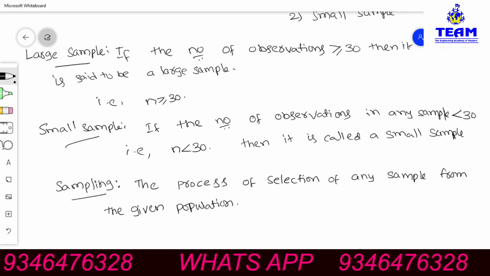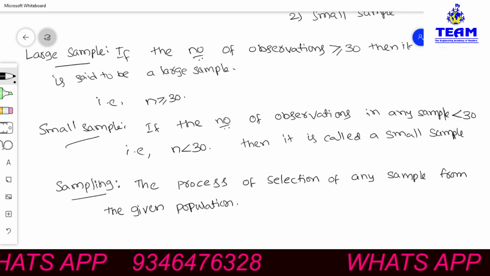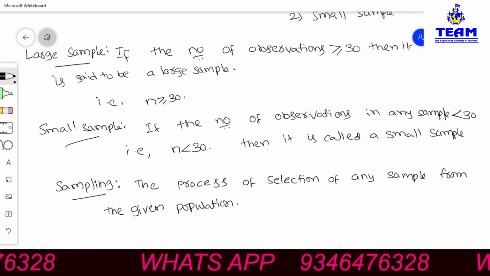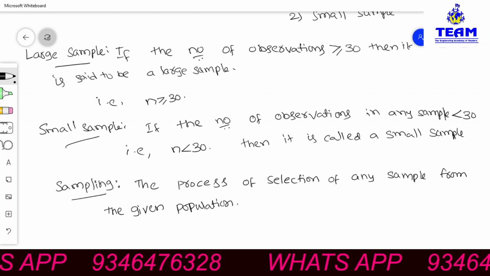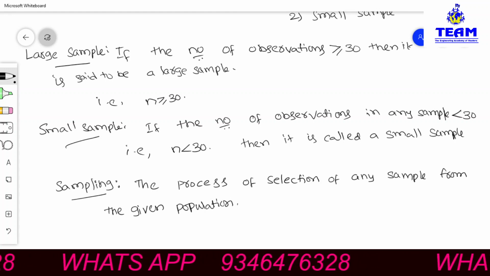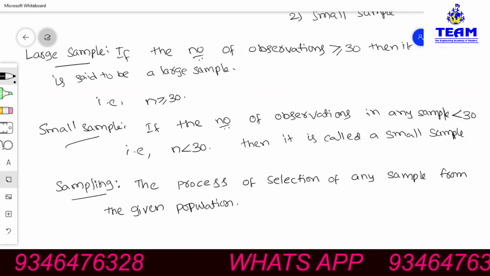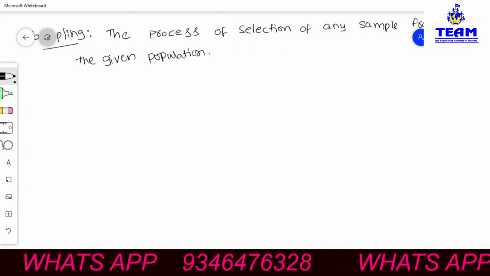Friends, up to now we learned the fundamentals of sampling distribution. Based on this, the sampling can be done in two ways.